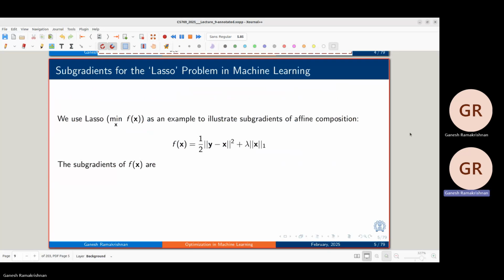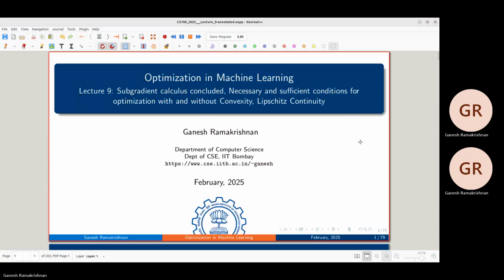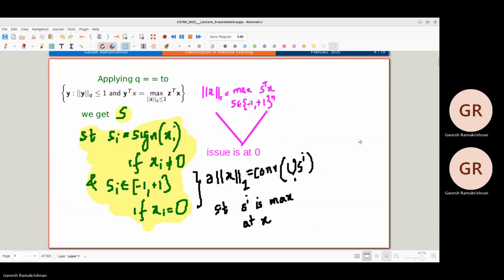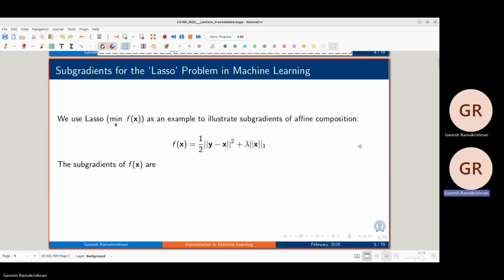So lasso is basically the least squares regression loss function with a one norm regularizer. This one. So one norm regularizer on X.